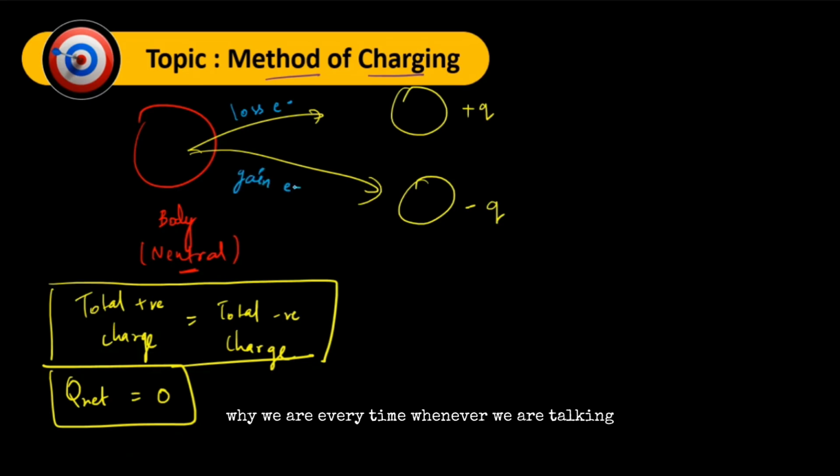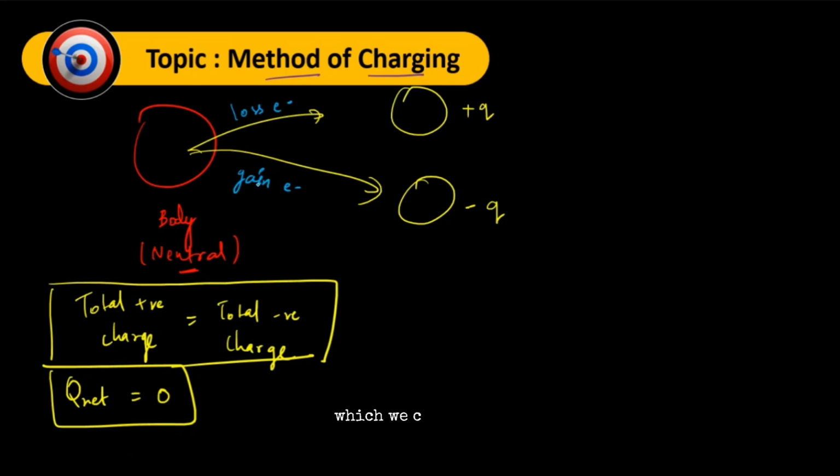Whenever we talk about charging, we talk about electrons, because protons are inside the nucleus and it is impossible to get them out and disturb the charge of the body by moving protons. So we can only move electrons. If a body loses electrons, it becomes positively charged, whereas if it gains electrons, it becomes negatively charged. So the method of charging simply relies on how we can let a conductor lose or gain electrons.